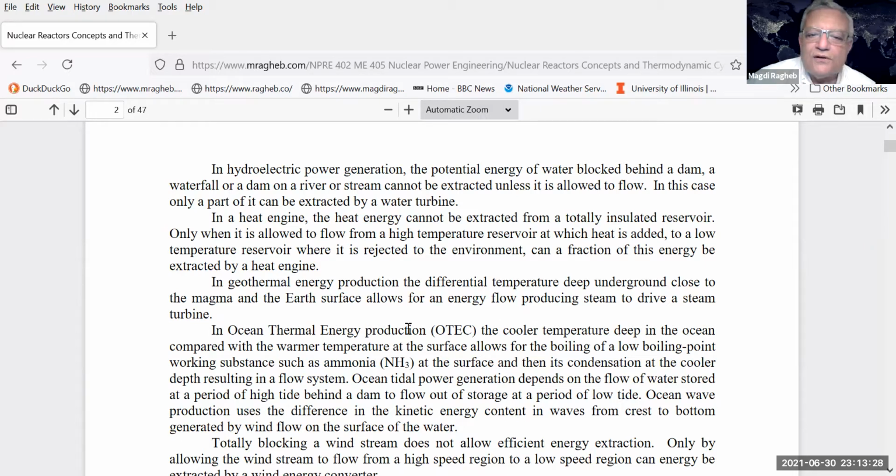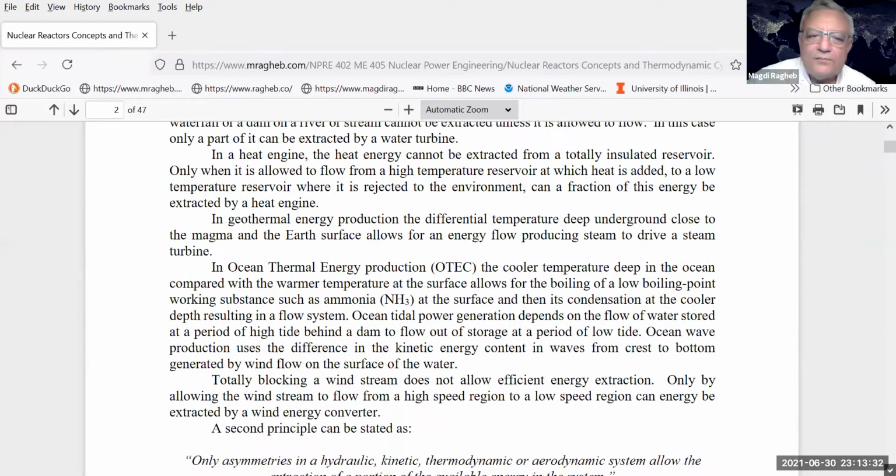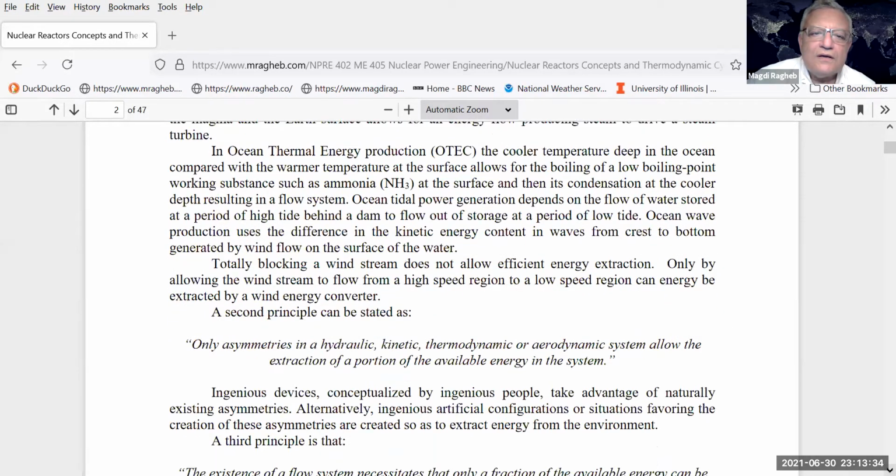In ocean thermal energy production, OTEC, the cooler temperature would be at the bottom of the ocean, and you basically circulate a low boiling point medium like ammonia from the cool temperature at the bottom of the ocean to the top where water is warm. So you can use ammonia, for instance, in that system. It doesn't have to be water.